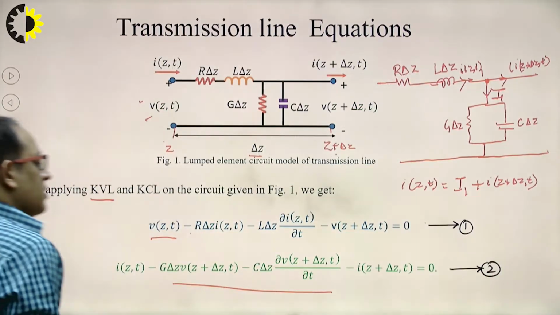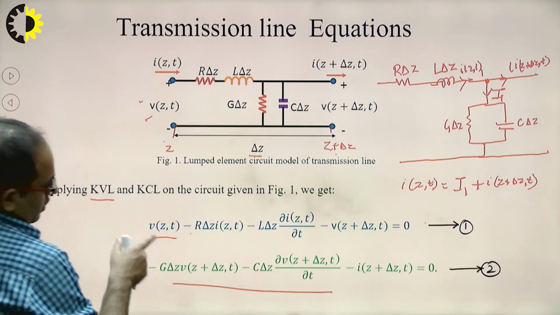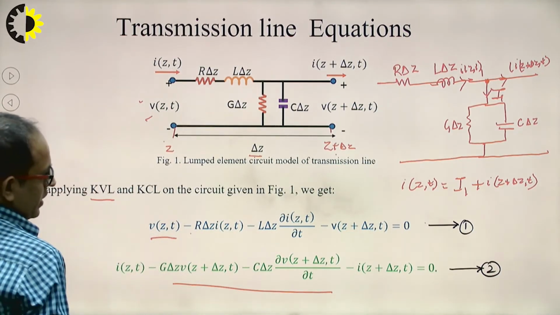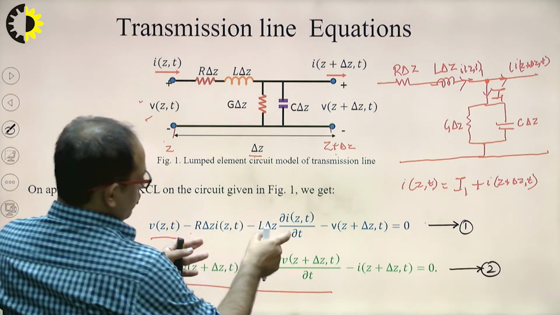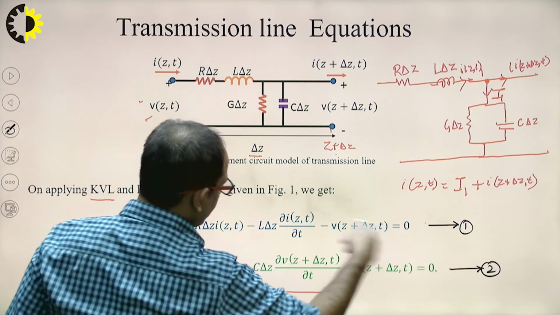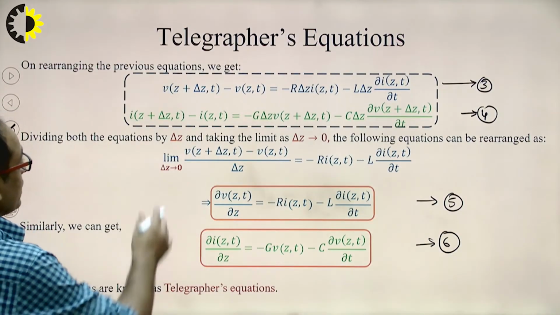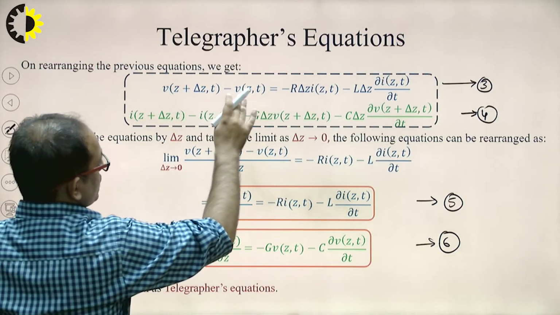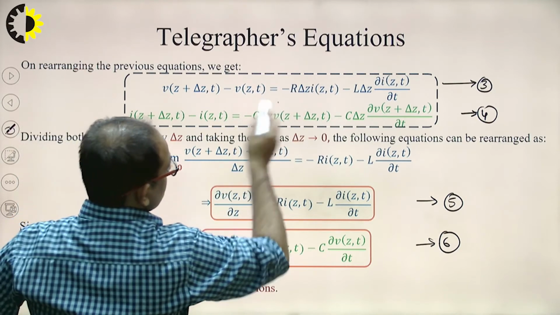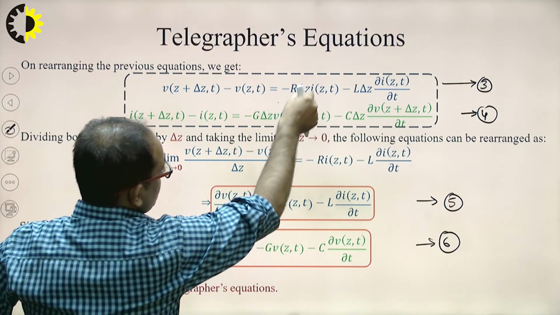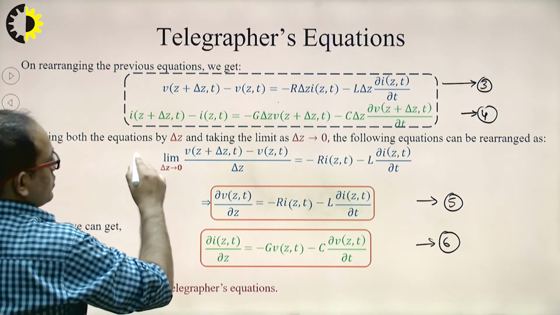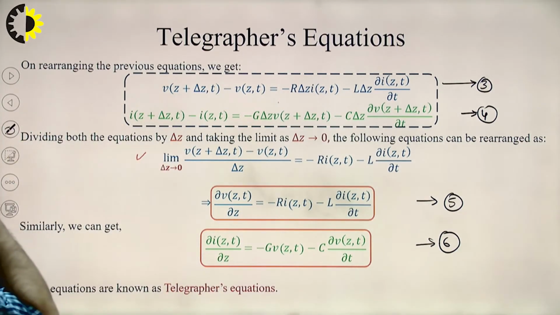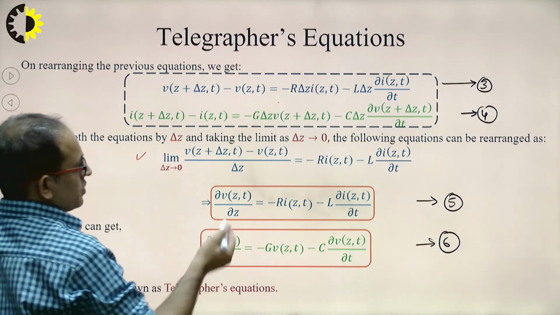Now see, from the equation, take the R into delta z and L into delta z on the right hand side. You will see that V of z plus delta z comma t minus V of z comma t can be written as this one. Now take the delta z as common, you will get this equation.